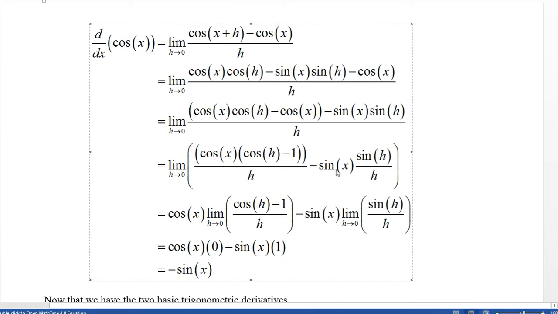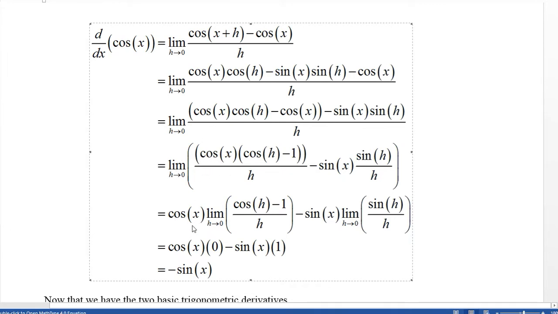Now we take the limit as h goes to 0, so we get the limit of the difference of these two things, which is the difference of two limits, provided those two individual limits exist. And we also have the fact that cosine x and sine of x do not have an h in them. So as h changes, they remain constant for a specific value of x, so they can be brought out from the limit sign.